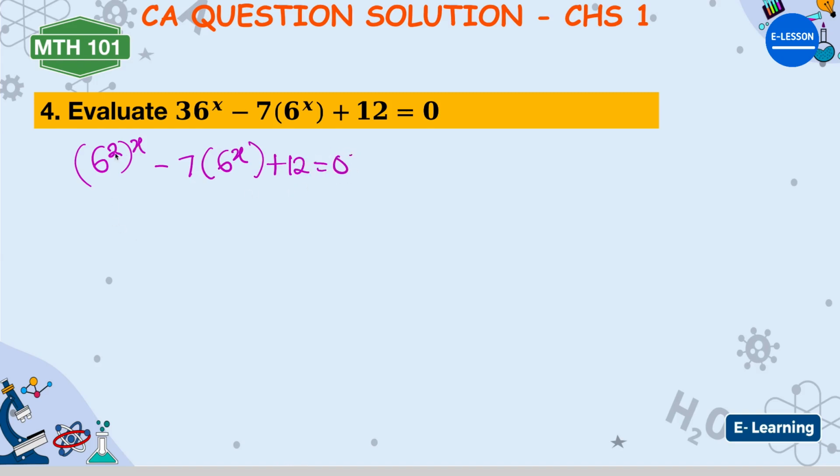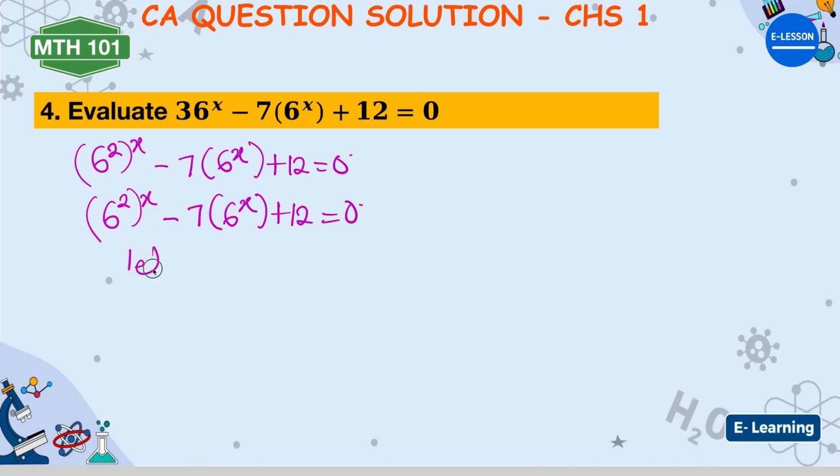Now, this 2 and x can interchange. It's still the same thing because multiplication is commutative. It means 2 times x and x times 2 is the same thing. So this is going to give us 6^(2x). They are the same thing. Minus 7 bracket 6^x plus 12 is equal to 0.